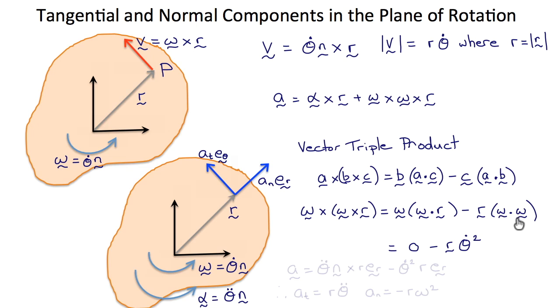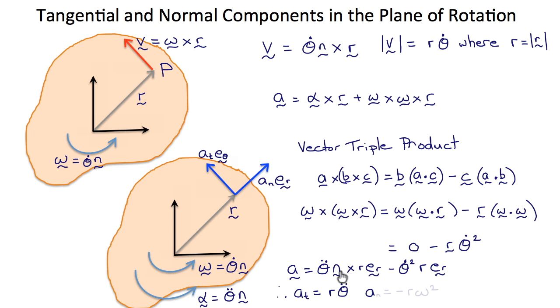Omega dot omega is the square of the magnitude of the angular velocity, which is theta dot squared. So therefore a equals theta double dot n cross r times e sub r minus theta dot squared times r times e sub r. Therefore, the tangent component of the acceleration is r theta double dot.